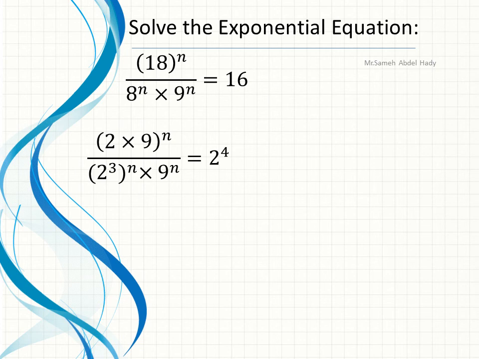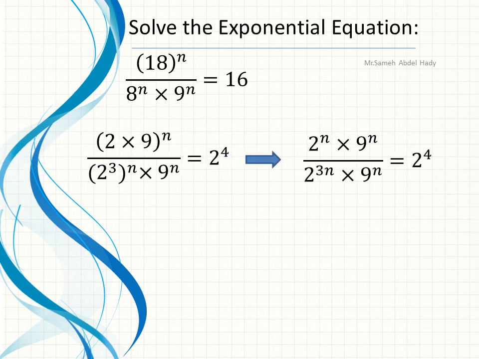And write 16 as 2 power 4. So you see 2 power n times 9 power n over 2 power 3n times 9 power n.